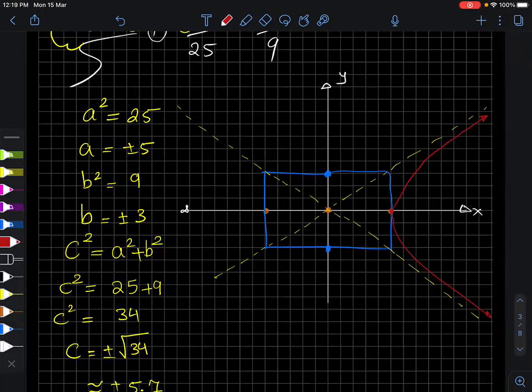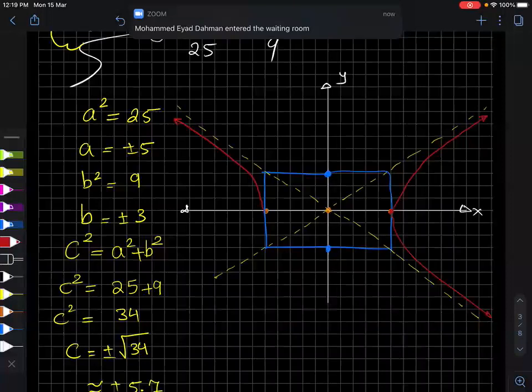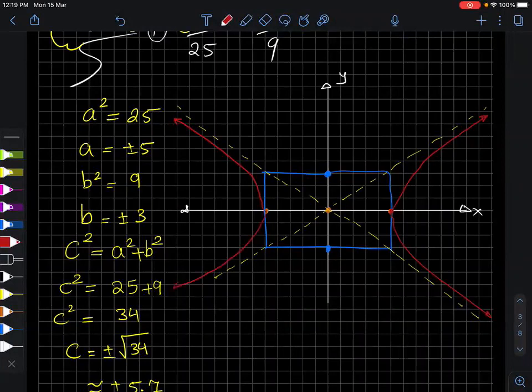Go to the second vertex and also move like this, and also here, like this. That's it. You will find that it opens to the right and to the left.